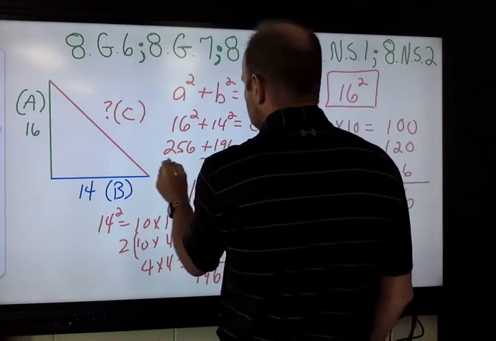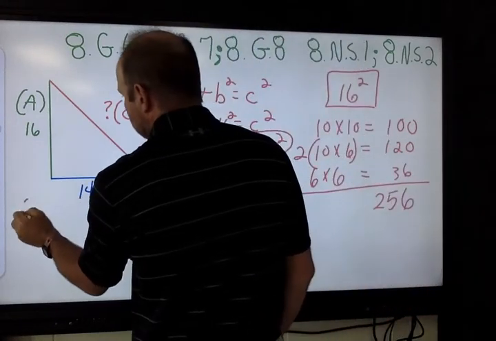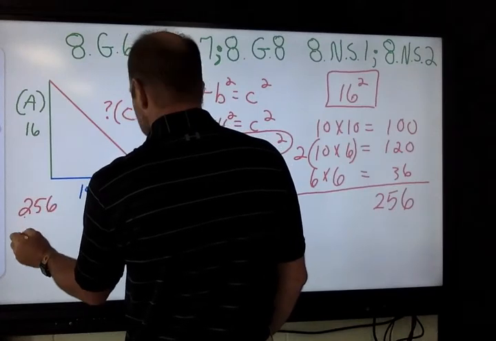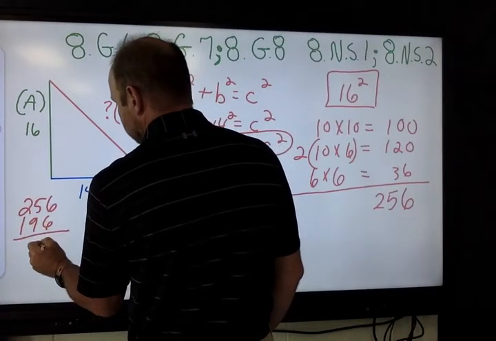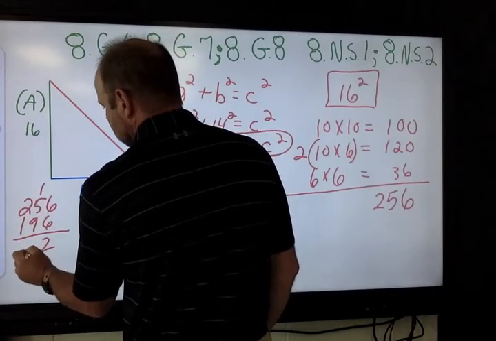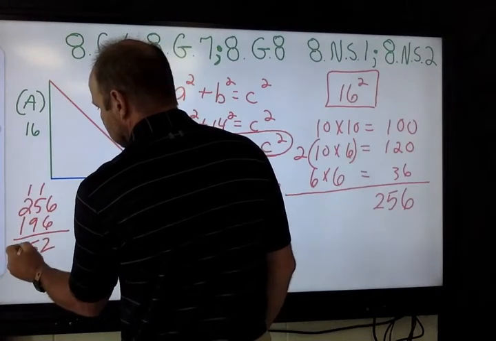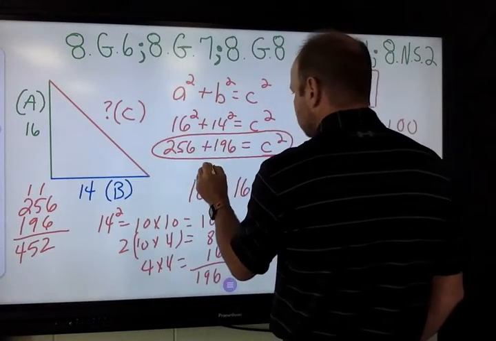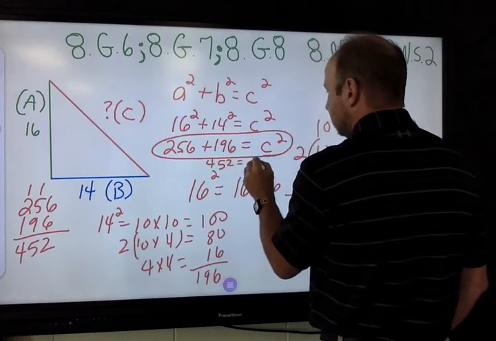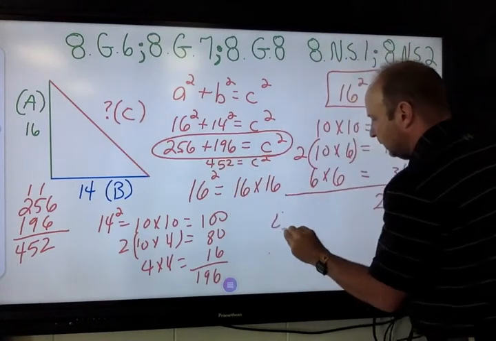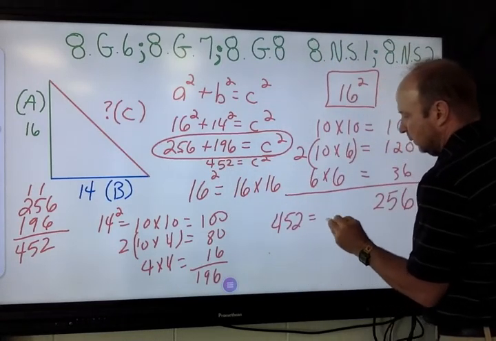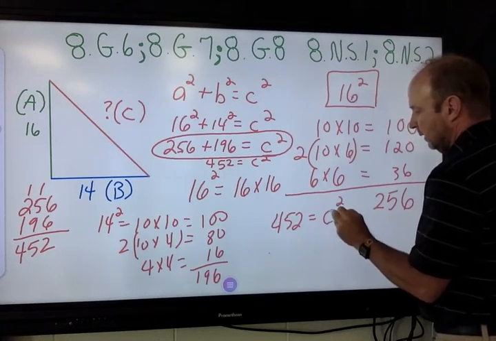So if I take this here and I add 256 and 196, I get 452 equals c squared. So 452 equals c squared. So how do I get rid of squared?